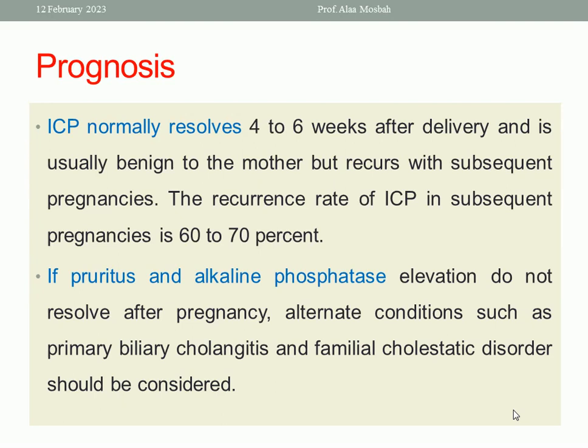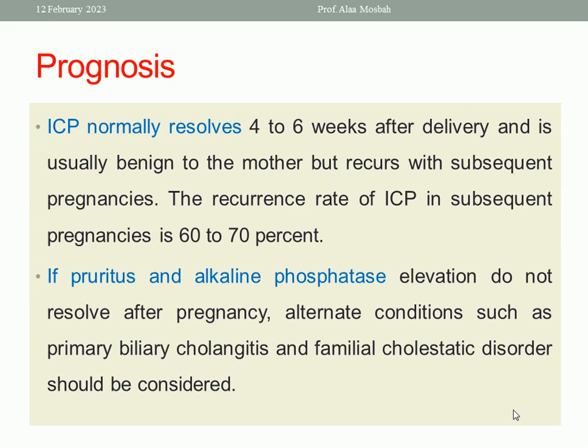So if pruritus and alkaline phosphatase elevation don't resolve after pregnancy, alternate conditions such as primary biliary cholangitis and familial cholestatic disorder should be considered. You should ask yourself if the patient is not improving.